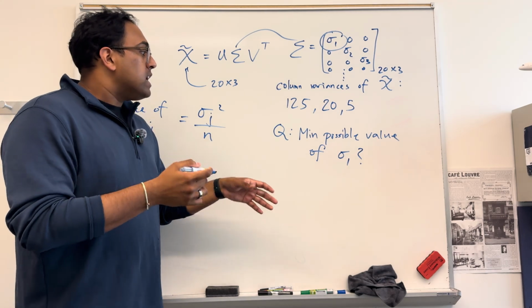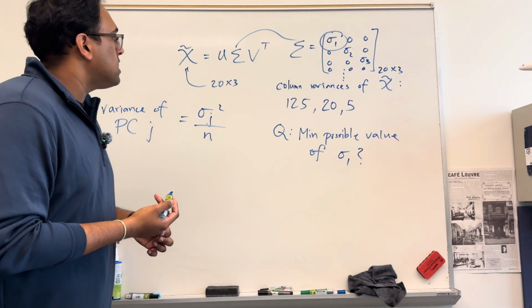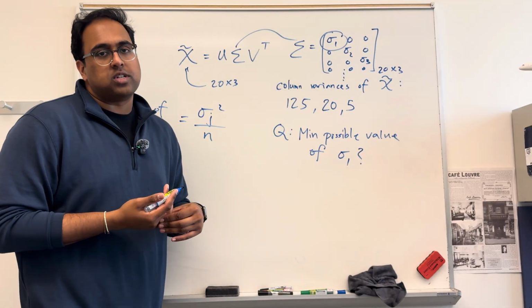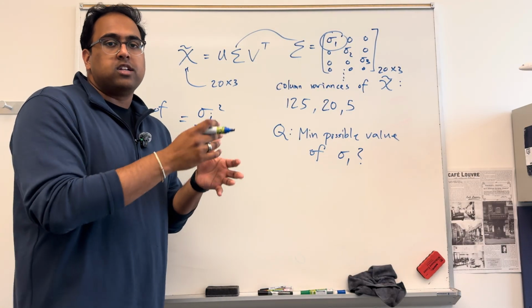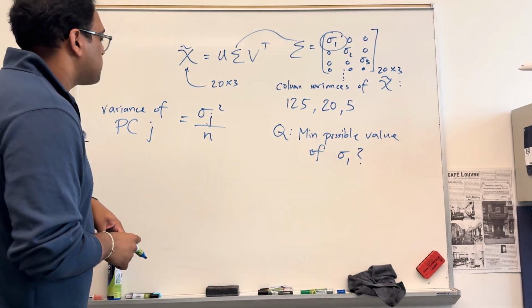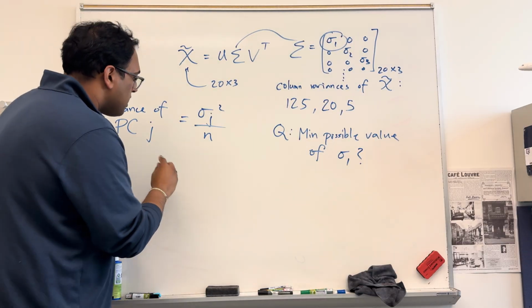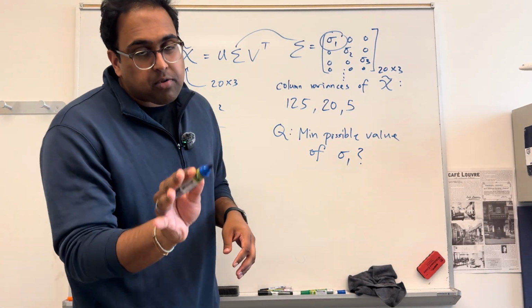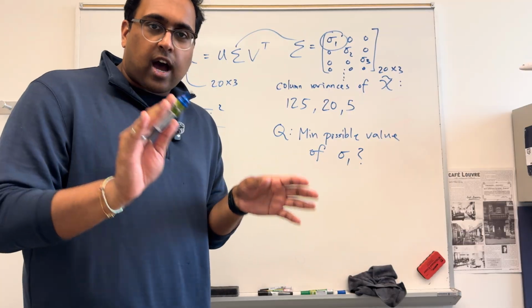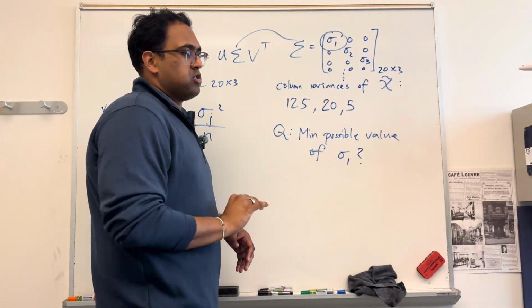Now, what is the actual value of sigma 1? I don't have enough information in this question to determine it, right? It would depend on what the actual numbers in the X matrix are. But remember, a principal component is just a linear combination of my original features.